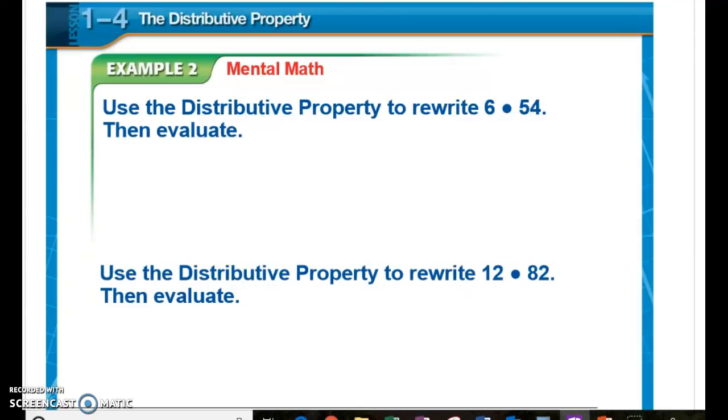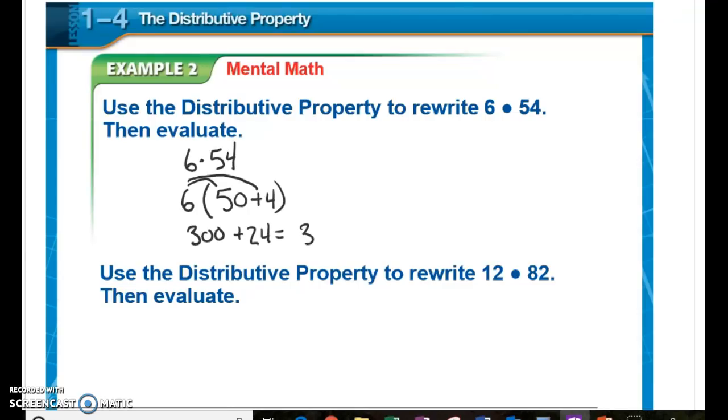So I can take 6 times 54, and it's a pretty big number, but if I take the 6 and put it outside the parentheses and break this down into 50 plus 4, now I have 2 multiplication steps I can do just in my head. So 6 times 50 is going to be 300. 6 times 4 is going to be 24. So in my head, I figured out that this is 324.